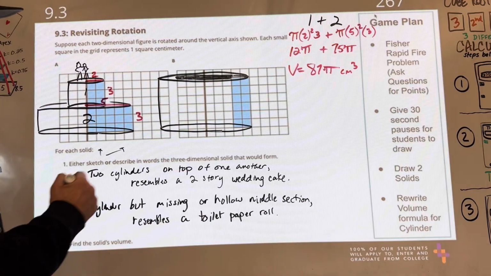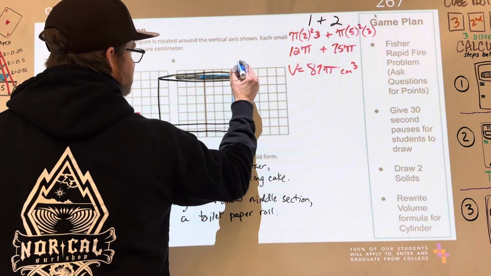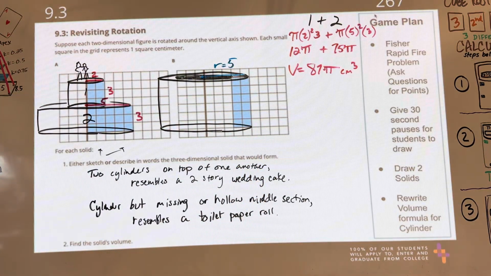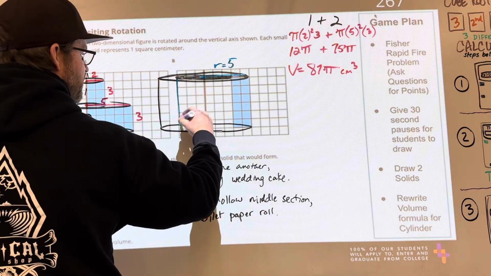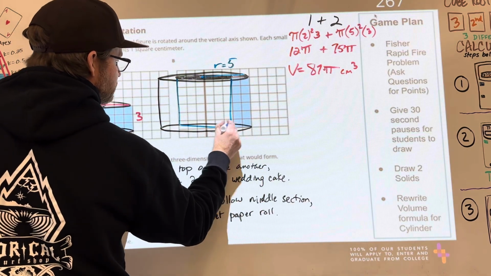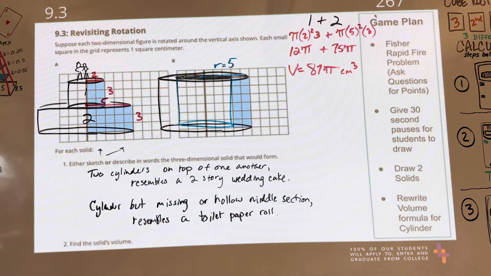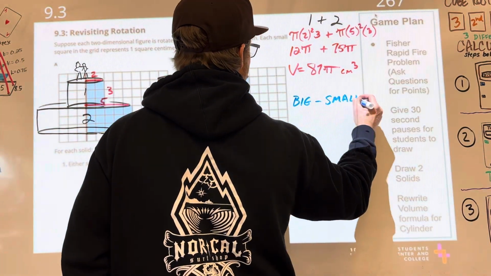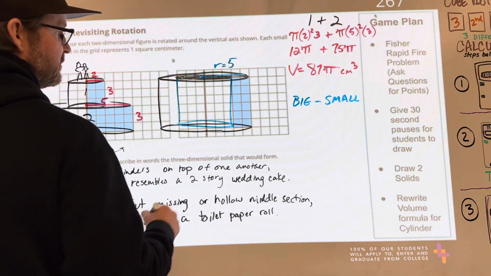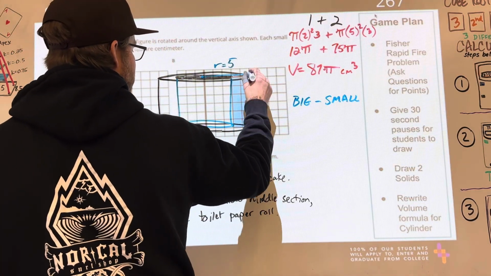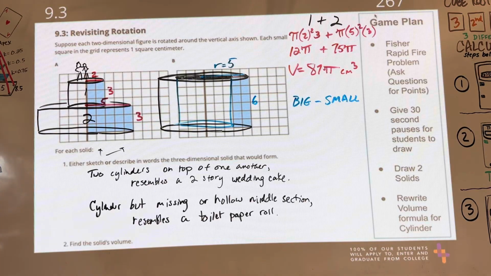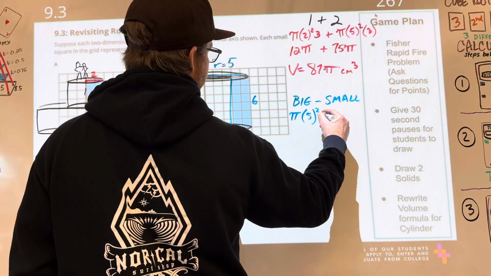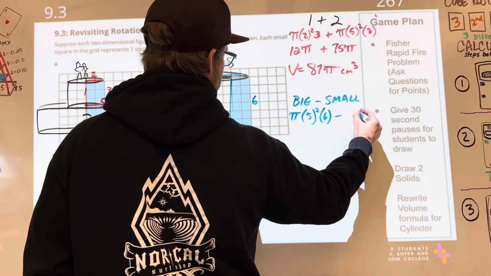The second one's a little tricky, but it's not that hard. You gotta find first the radius equals 5. So we're gonna do the big minus the small. So the big one is 1, 2, 3, 4, 5, 6 for the height, radius of 5, so it's going to be pi 5 squared times 6 minus, we don't know yet.